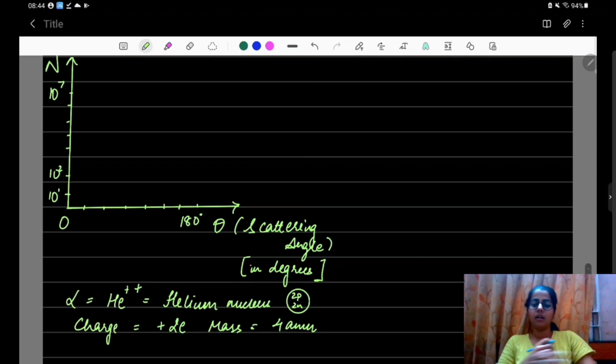Now we are going to see how many alpha particles are obtained at what angle.